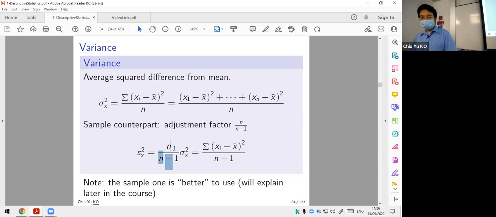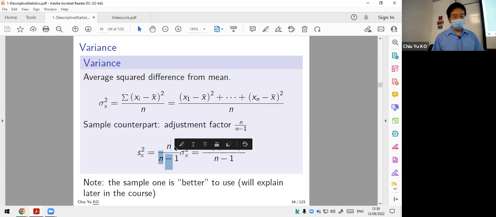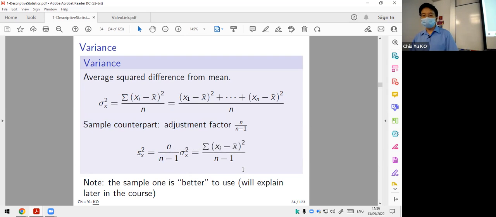And later, when we go to topic 5, we'll explain why this formula makes sense. And do note that n over n minus 1 is a number that is bigger than 1, right? So if you do not adjust, this variance is smaller, so you have to adjust by a factor more than 1.